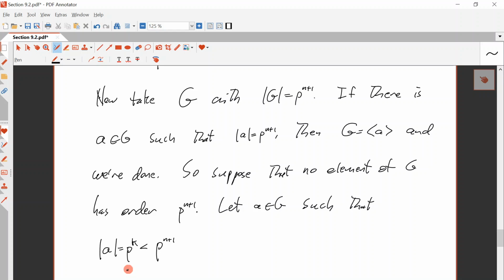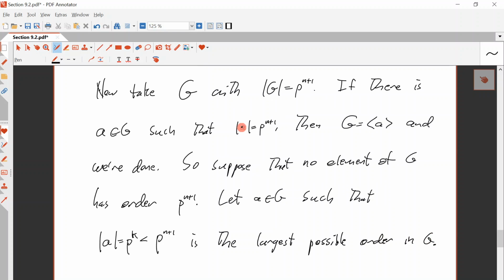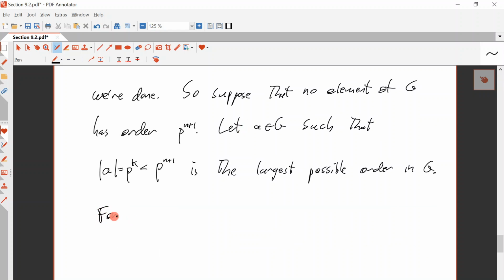Let A be in G such that the order of A is p to the k, which is less than p to the n plus 1, and is the largest possible order in G. Okay, for notational purposes, let H be equal to the cyclic subgroup generated by A.